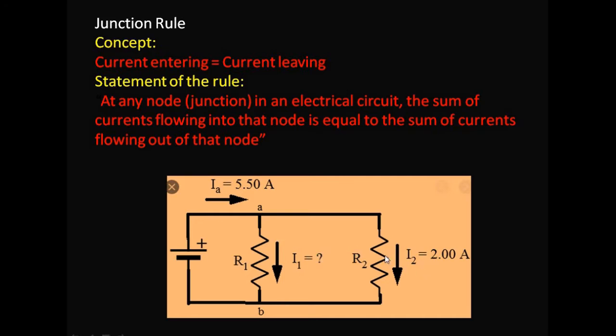So you can just write IA is equal to I1 plus I2. From that you can work out the value of I1 as IA minus I2, that is equal to 5.50 minus 2.00, which is 3.50 amp. So I1 in this particular case is equal to 3.5 ampere.